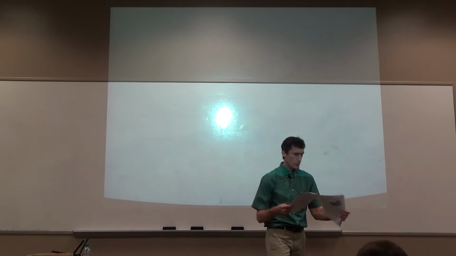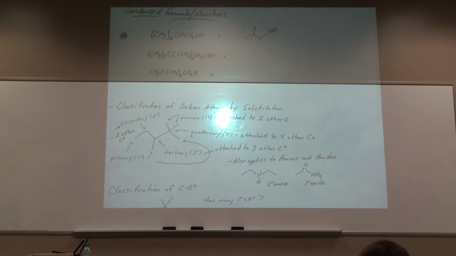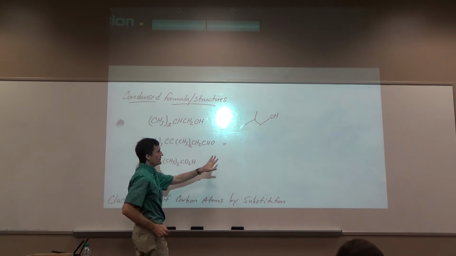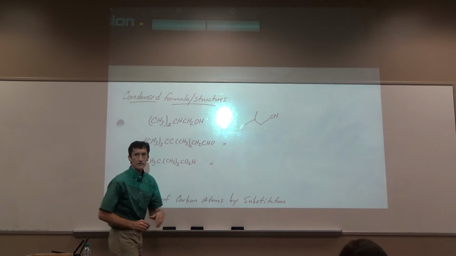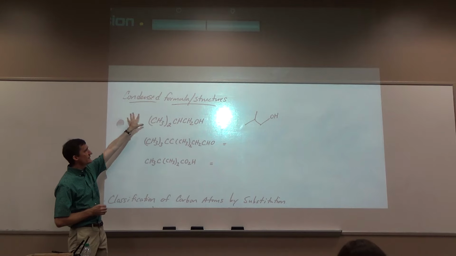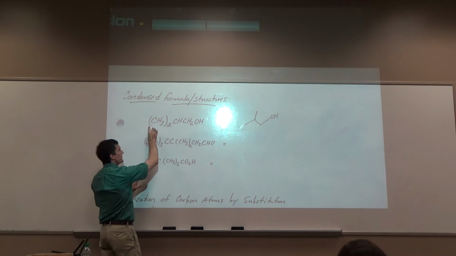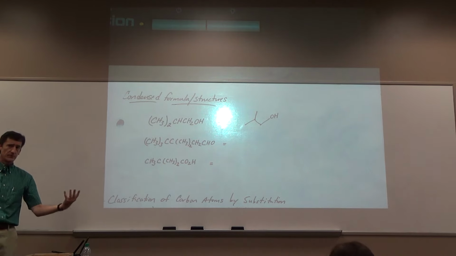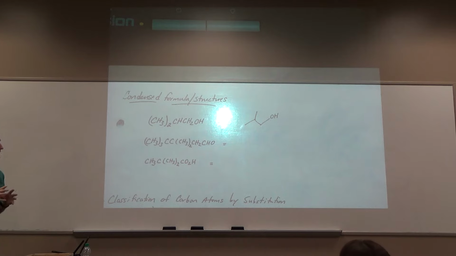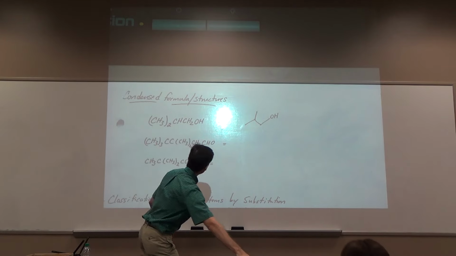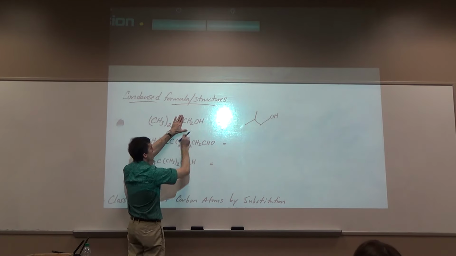Let's move to new stuff here. With your formulas, of course, you got to know your line bond, how many H's are there, etc. You need to be able to recognize and deal with so-called condensed formulas. For example, something that may be written like this, where it's not pure formula and it's not pure line bond complete structure. This equals this. How do we get to that point? Well, you see this CH2OH on the end.